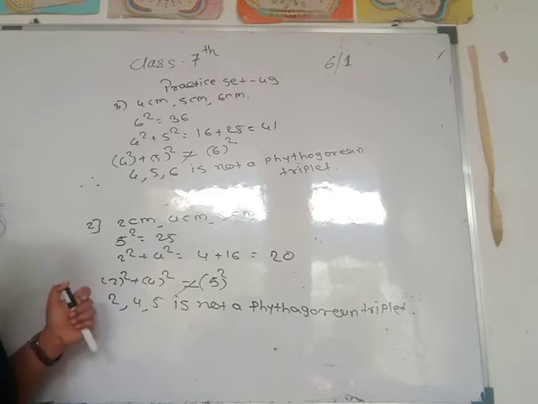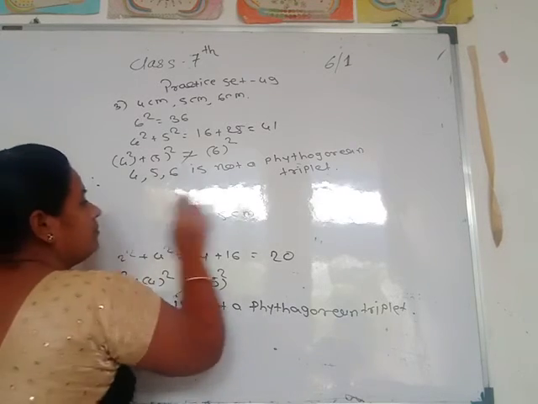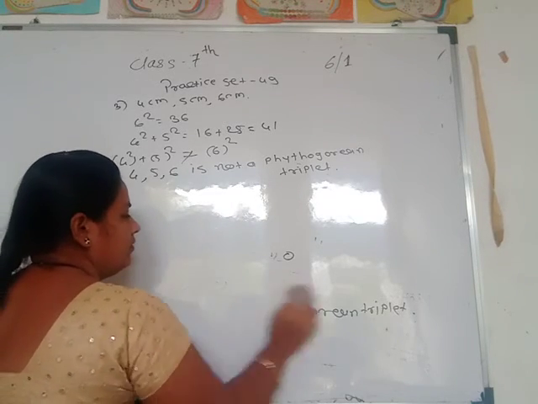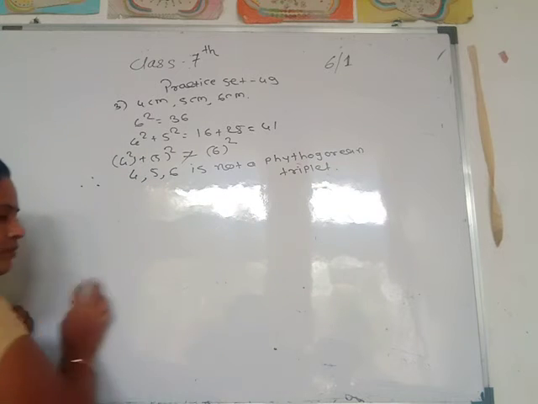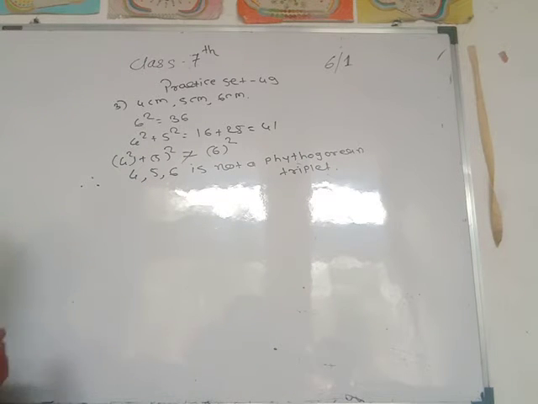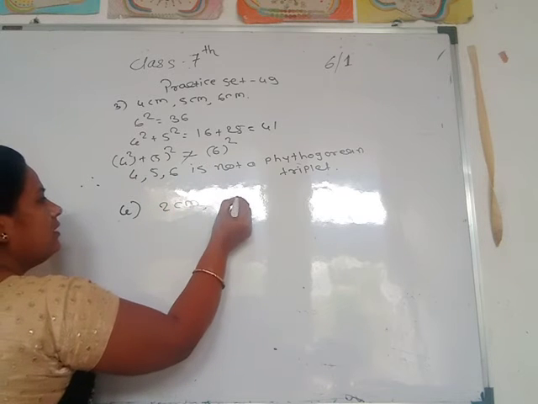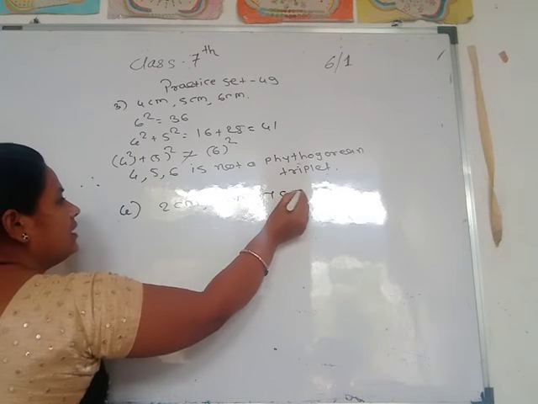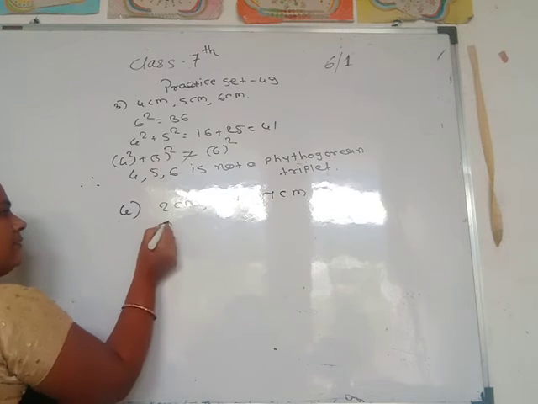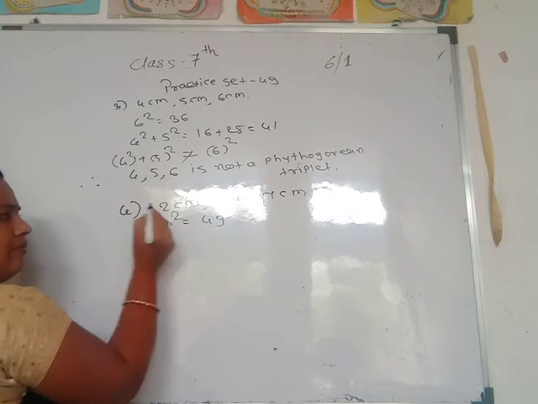Then fourth one: 2 centimeter, 6 centimeter and 7 centimeter. The biggest number is 7. 7 squared is equal to 49.